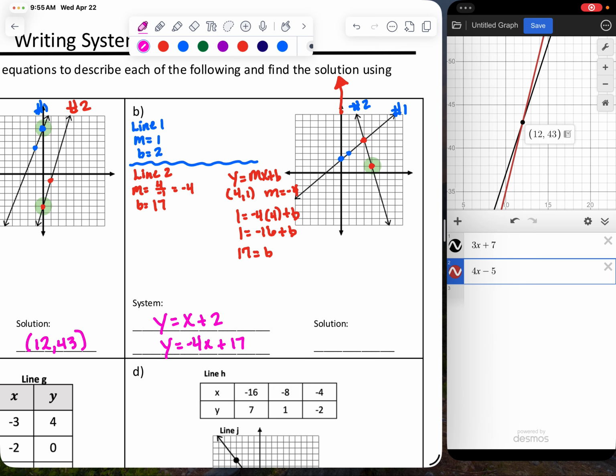Now, I don't really need to use technology to find the solution on this graph because it's right here where they intersect. So I can get this right off of the paper. 1, 2, 3, 1, 2, 3, 4, 5. So 3, comma 5 is the solution, the point where they intersect.